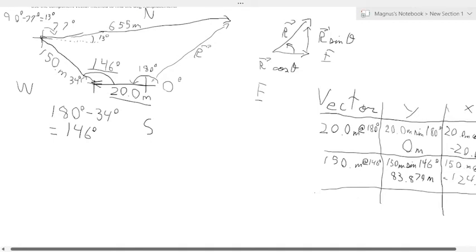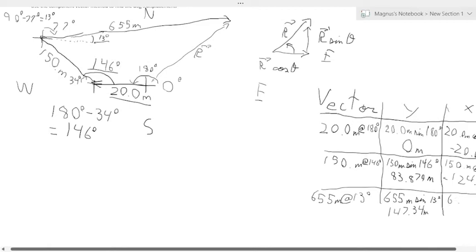Okay, now we have our final vector, which is 655 meters at this angle we calculated up here, 13 degrees. To find our y component, we do 655 meters times the sine of 13 degrees. This equals approximately 147.34 meters.